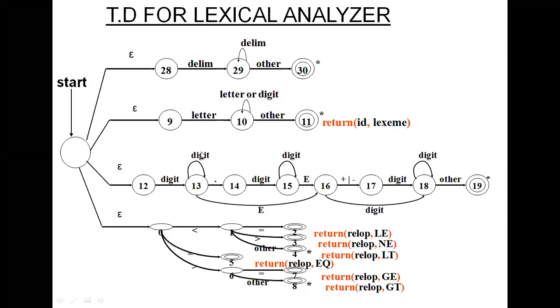And how are we connecting these patterns with an initial state? Just by connecting with an epsilon. Here we have a starting state, for example 0, and the final states are 11, 13, 19, and all these are the final states.